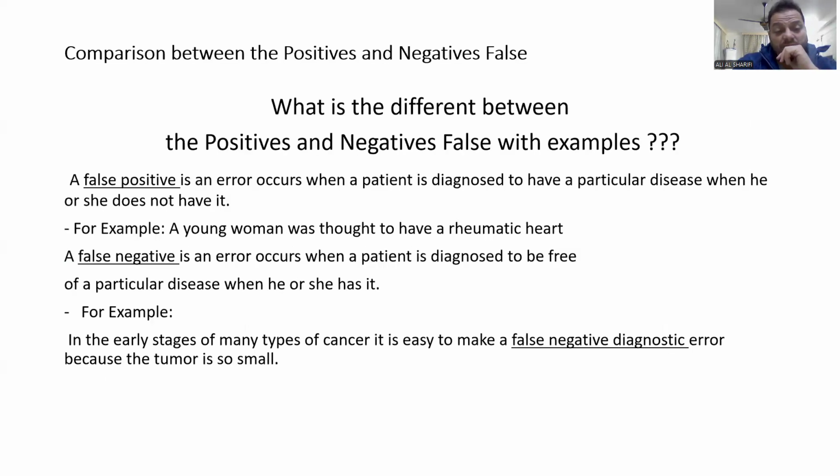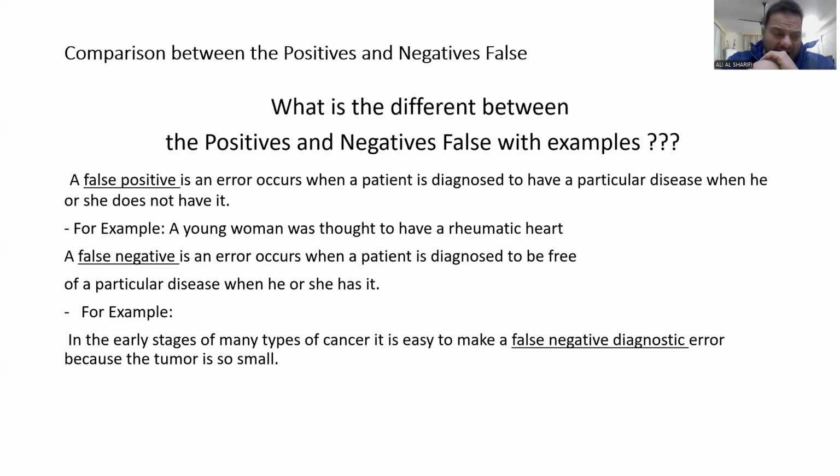Here, what is the difference between them? Like I said before, a false positive is an error, of course, when a patient is diagnosed to have a particular disease when he or she doesn't have it. And in a false negative, she or he has it, but the physician diagnoses her to be free.